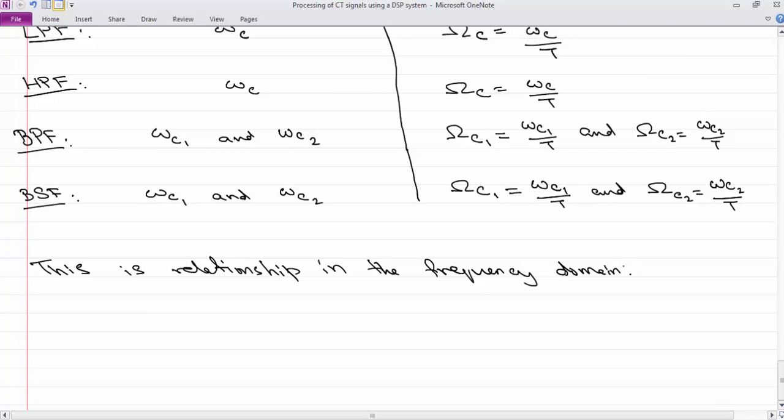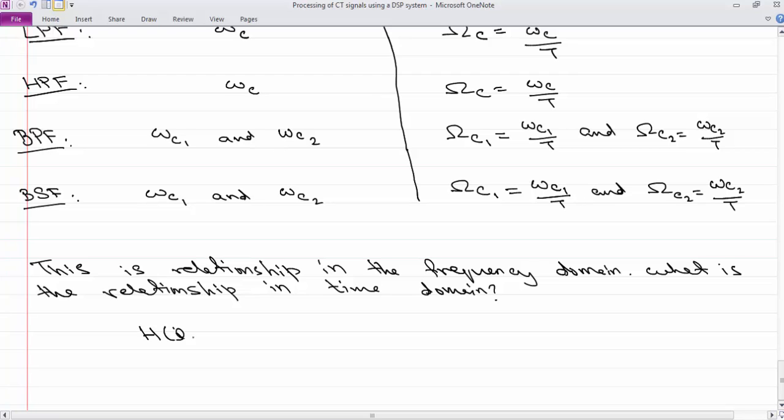What is the relationship in time domain? So you have a discrete time system, H of e to the j omega, and of course it has an impulse response given by h of n.